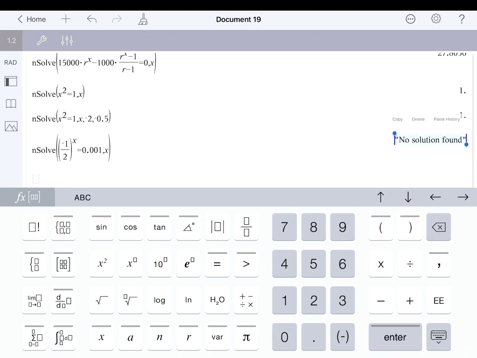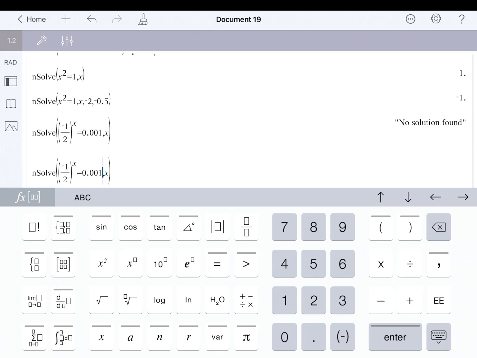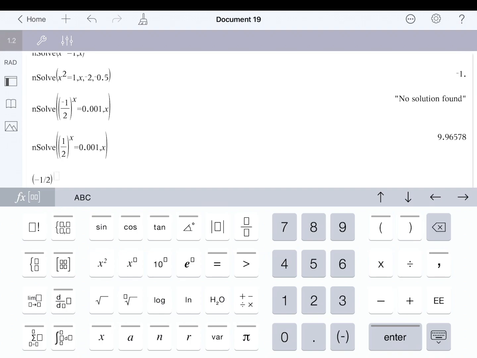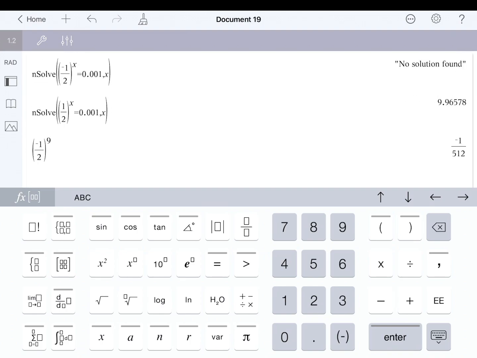So for that problem, what I would do is slightly change the value. So I'm going to go with the positive. Then it gets me the value, right? So what you can do is put that number around your sequence and see if it becomes less than 0.01. So if I now put -1 over 2 to the power of 9, as you can see, it's a negative number.